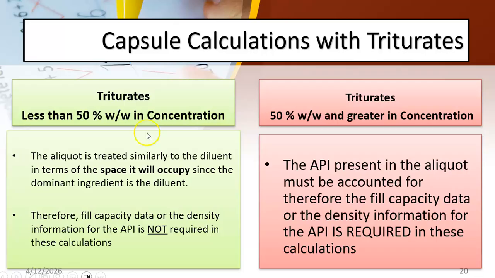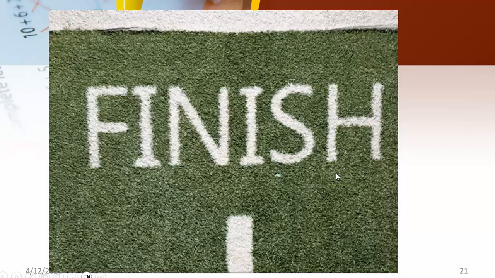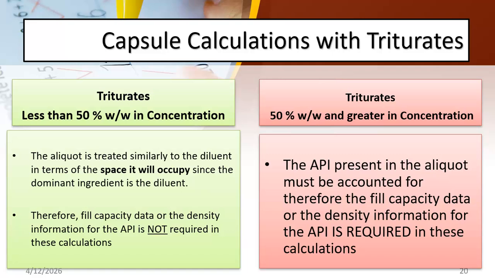Now, for PharmCal, we will expose you to triturates less than 50% because it's the easier thing at this level. But for year 2 students, we do expose you to 50% and greater in making your capsules. And that brings us to the end of our first recording for key concepts in making capsules. Thank you for listening.